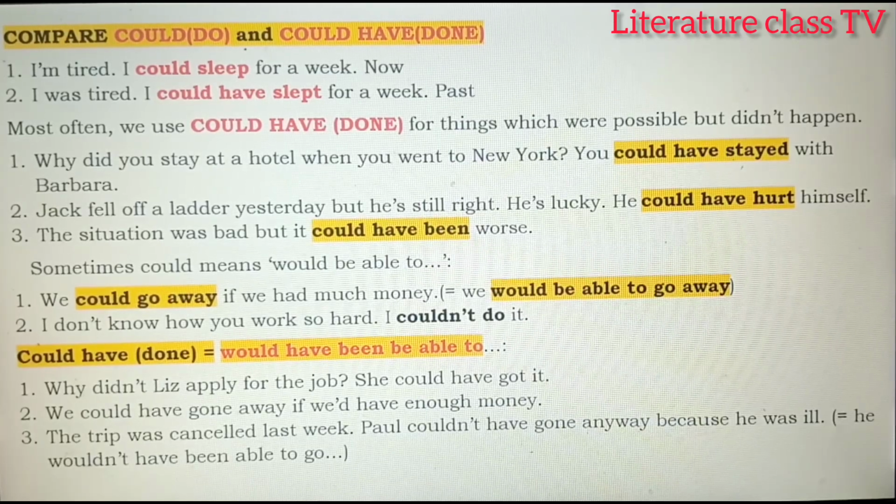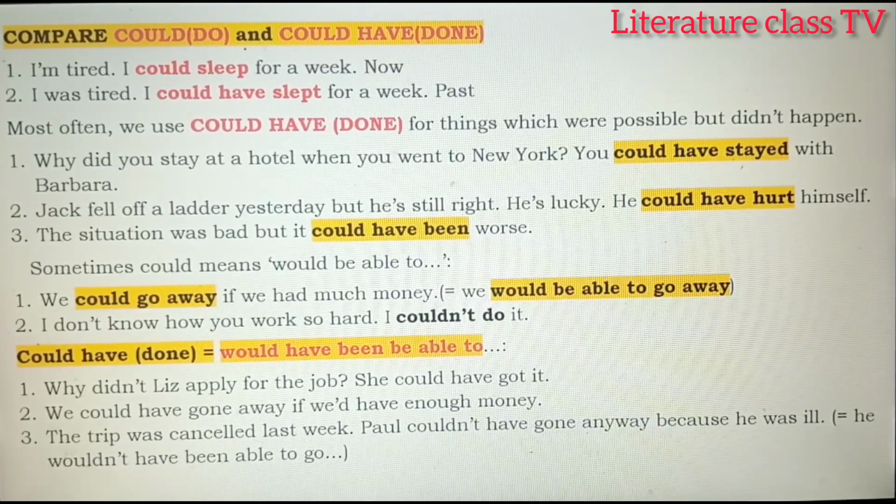Example: why did Lisa apply for the job? She could have got it. Meaning that she would have been able to get it. I think that you are together there, my friend.